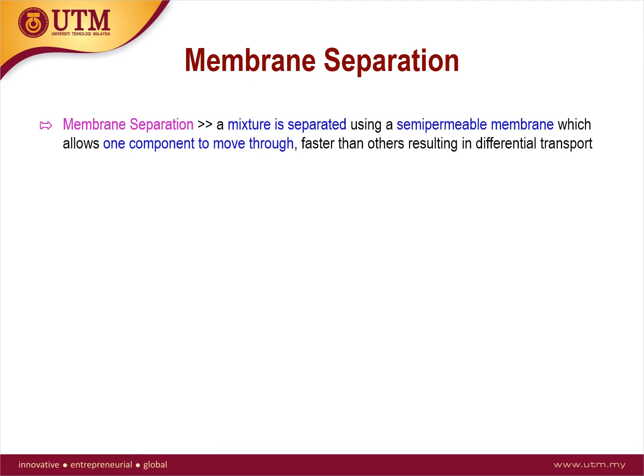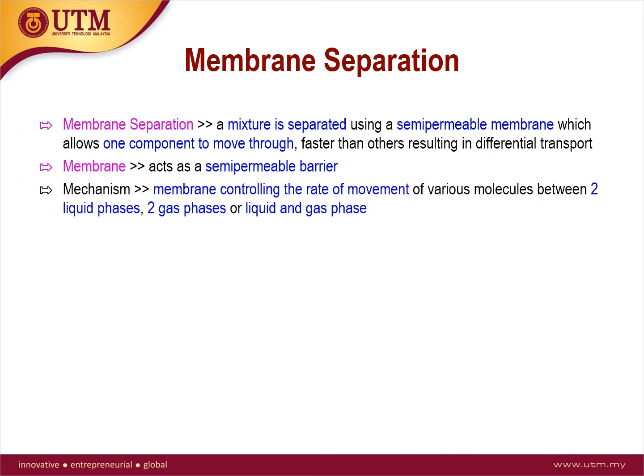Membrane separation is a process where a mixture is separated using a semi-permeable membrane, which allows only one component to move through faster than others, resulting in differential transport. The material acts as a semi-permeable barrier. As a membrane mechanism, this membrane will control the rate of movement of various molecules between either two liquid phases, two gas phases, or a liquid and a gas phase.